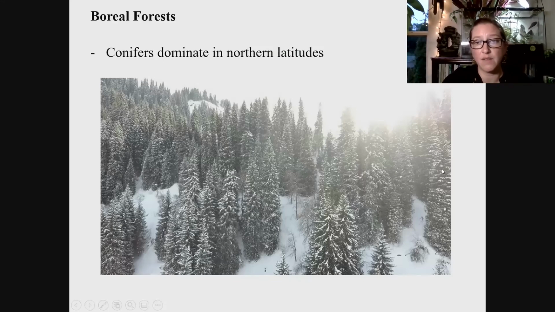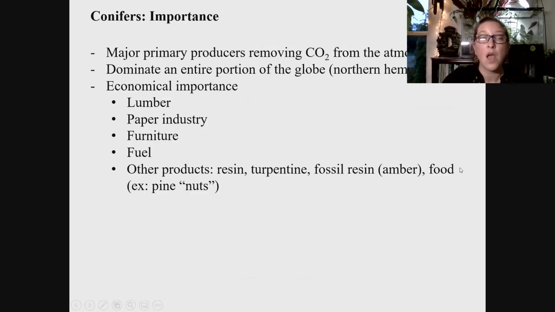Other things can't survive up there. We use conifers for a lot of different things, and because they dominate that northern part of the globe, they actually do remove a lot of CO2 from the atmosphere. For example, the Russian boreal forest is many times larger than the Amazon rainforest. So it's a lot of conifers removing a lot of CO2 from the air.